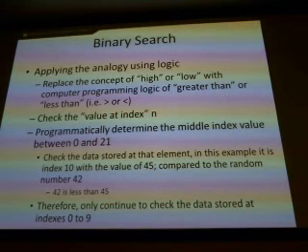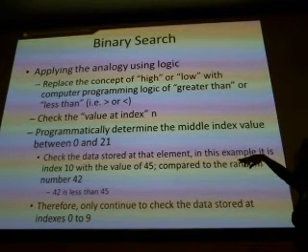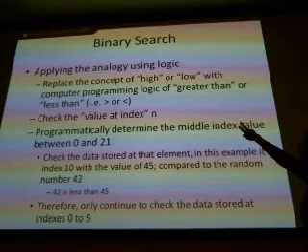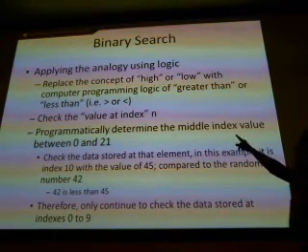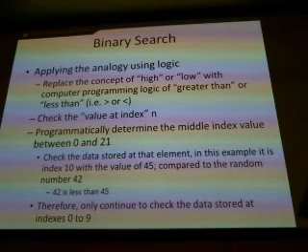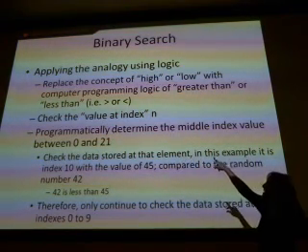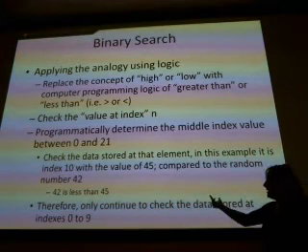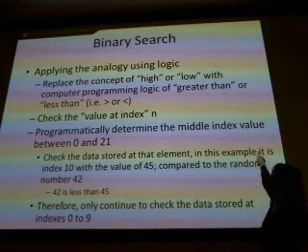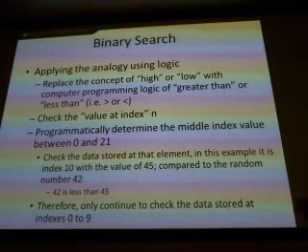So if we apply this analogy using that logic, we're going to replace the concept of high or low with the computer programming logic of greater than or less than. So your greater than sign, your less than sign. Check the value at index n, whatever that number is, and then programmatically determine the middle index value between 0 and 21.